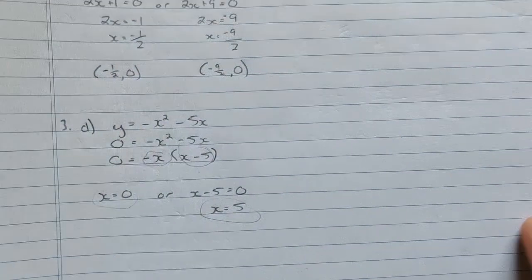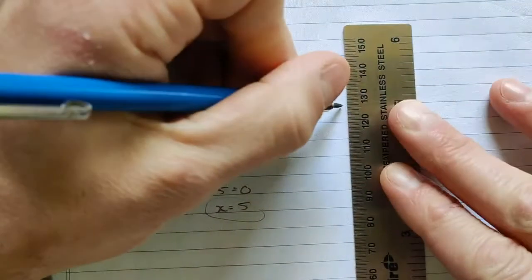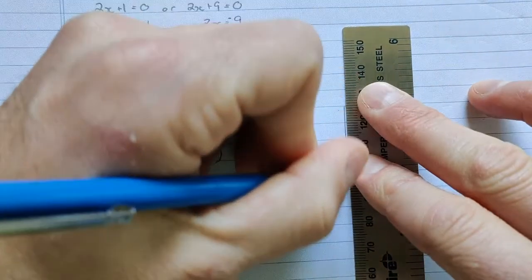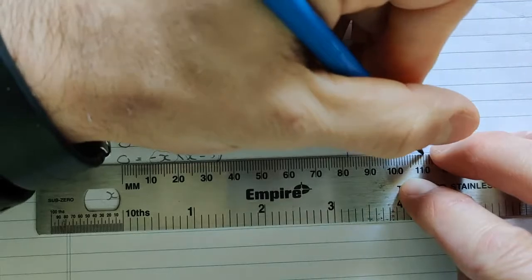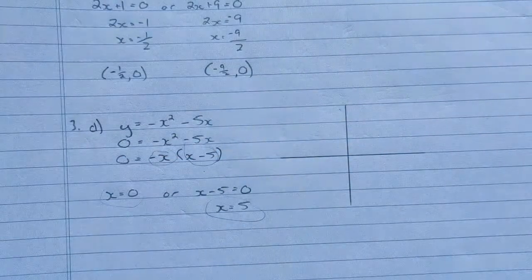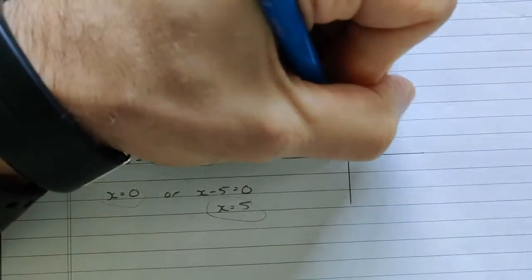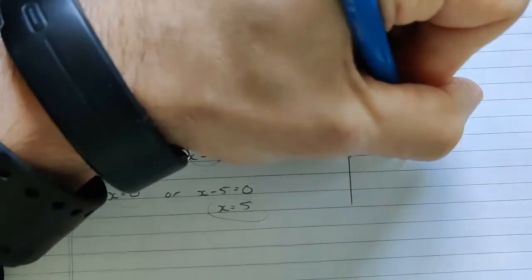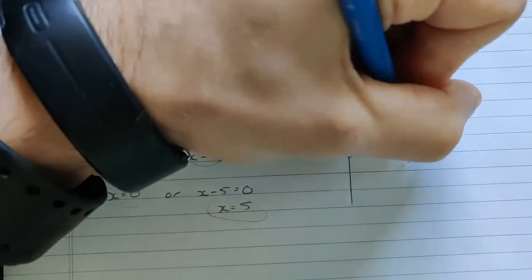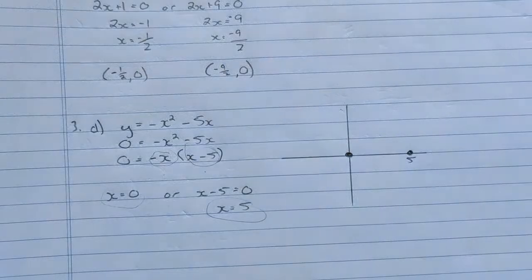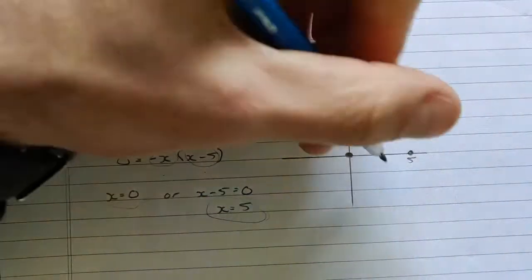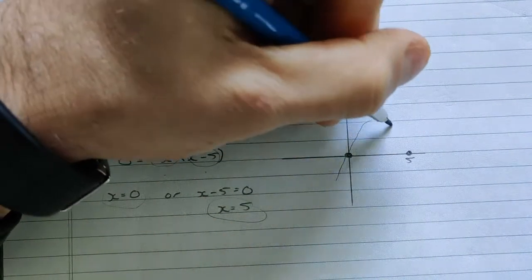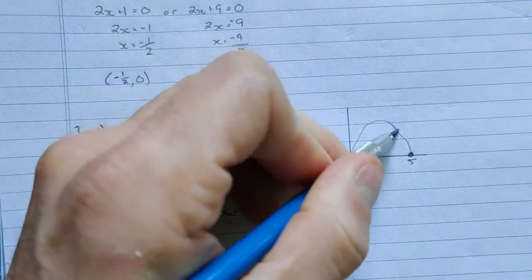If we were to have a little graph set up here at the side, just a quick sketch, we're going to have an intercept here at 0 and somewhere over here at 5. So those are my two intercepts, and this is a graph that's going to be opening downward, something like this.